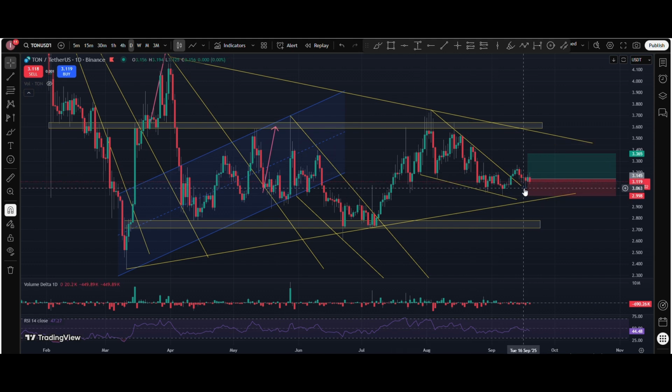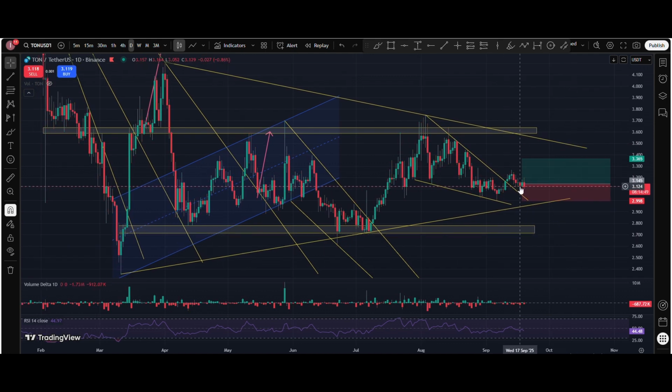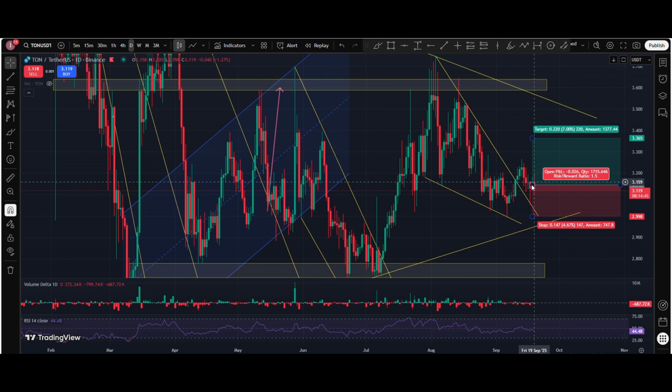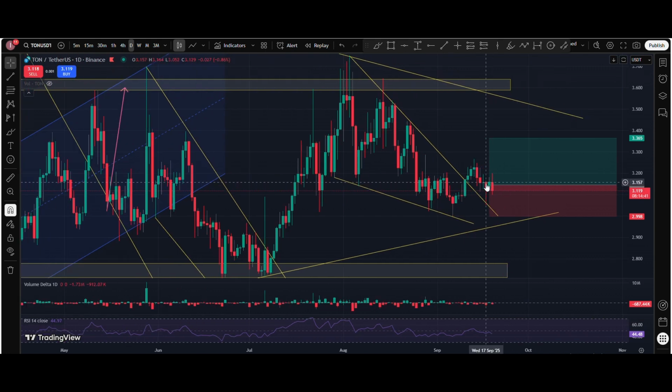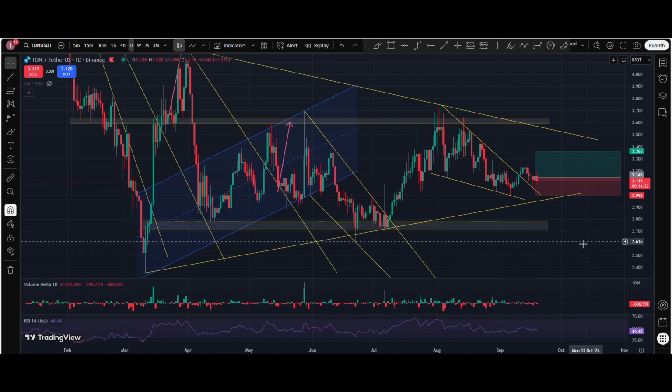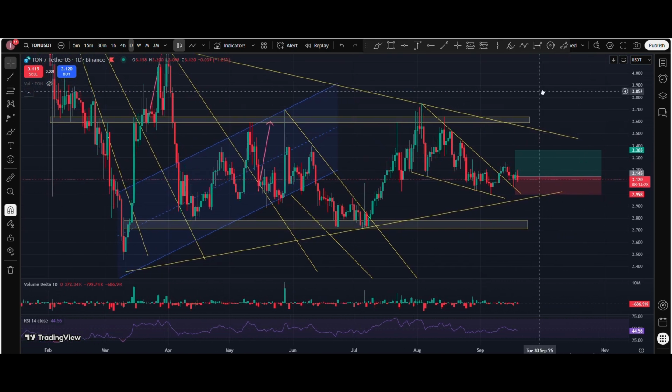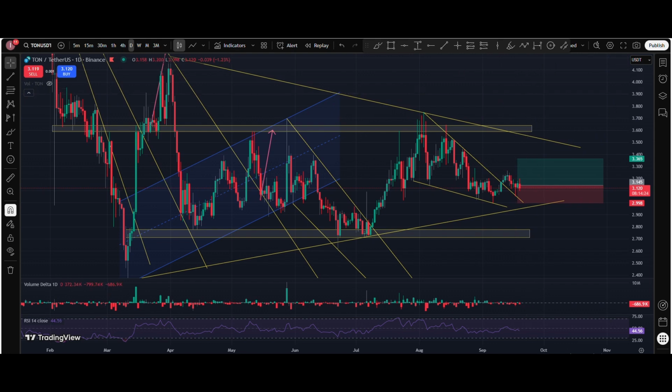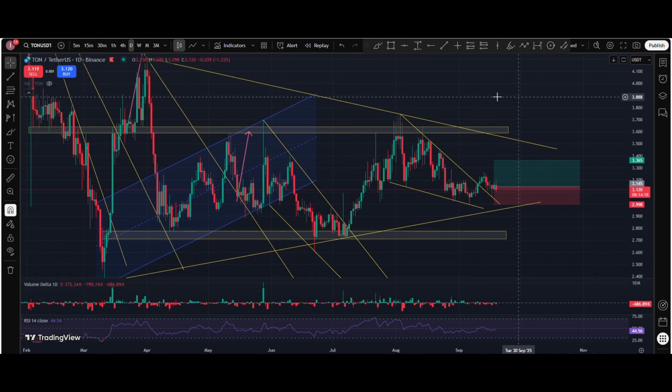You can see a bullish candlestick pattern, a hammer candlestick pattern. This is a hammer candlestick pattern. Therefore I took this trade, and I hope this trade will go into profit.